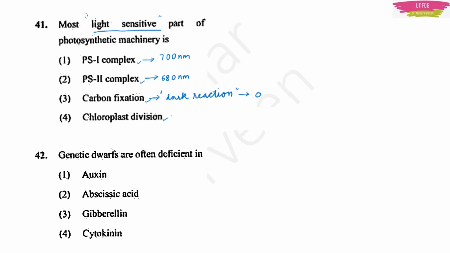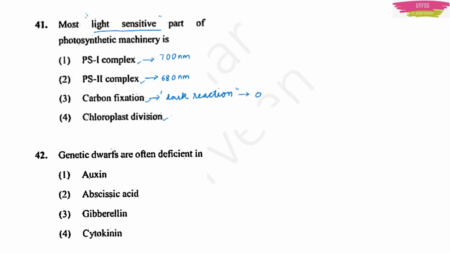Now we have to know this point that photosynthetic machinery is constituted by 3 subparts. These are PS1, that is photosynthetic complex 1, photosynthetic complex 2 and electron carriers. These electron carriers will only help in the transfer of electrons. They will not absorb any wavelength of light.